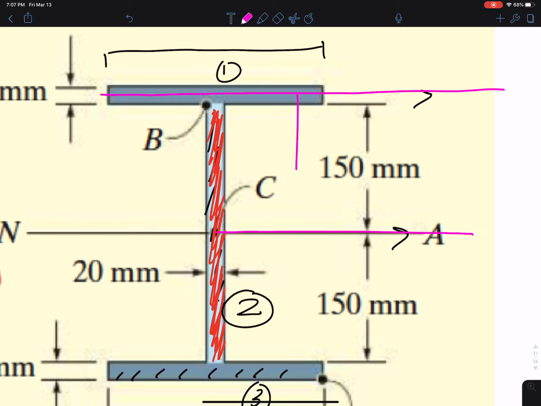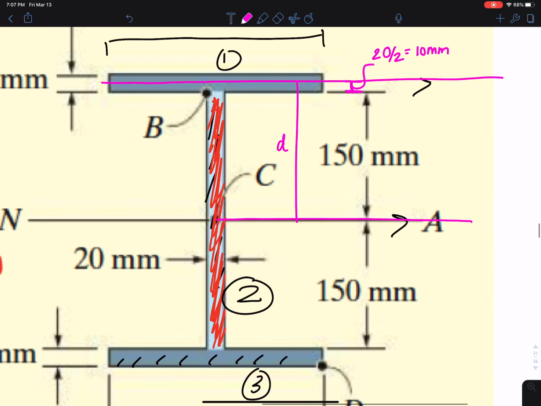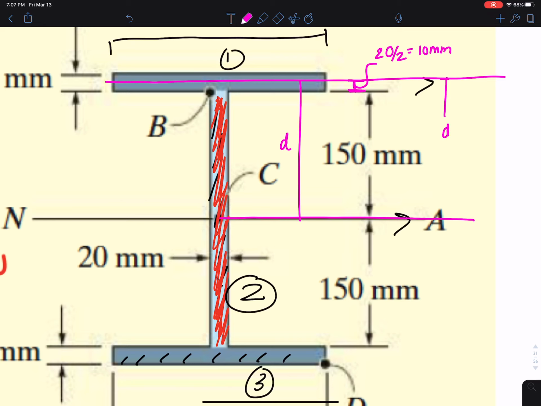And this is D. So from here to here is 20/2, so 10 millimeters.